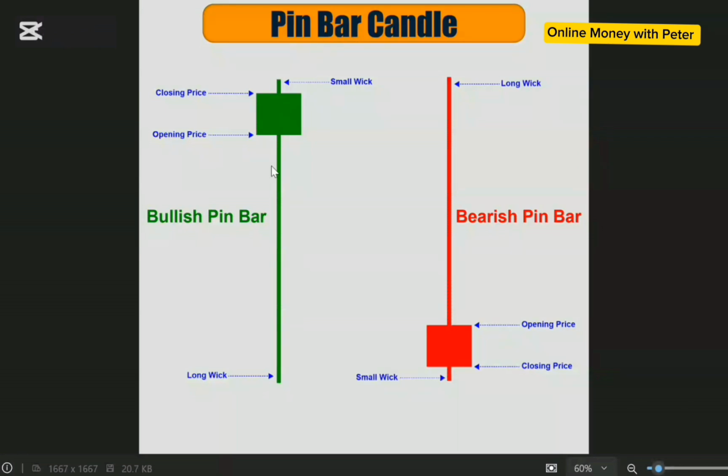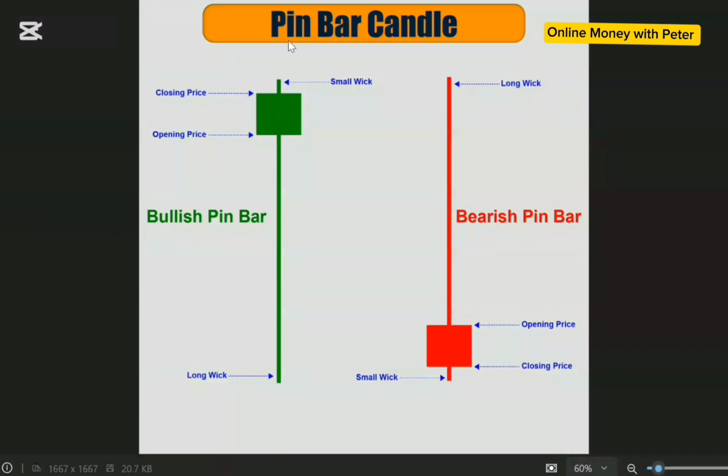Now this is the psychology behind the formation of this candlestick. For a bullish candlestick, we know very well that the price usually opens at the bottom here and closes at the top. Like I told you in my previous video, the price of a bullish candlestick usually opens at the bottom and closes at the top.